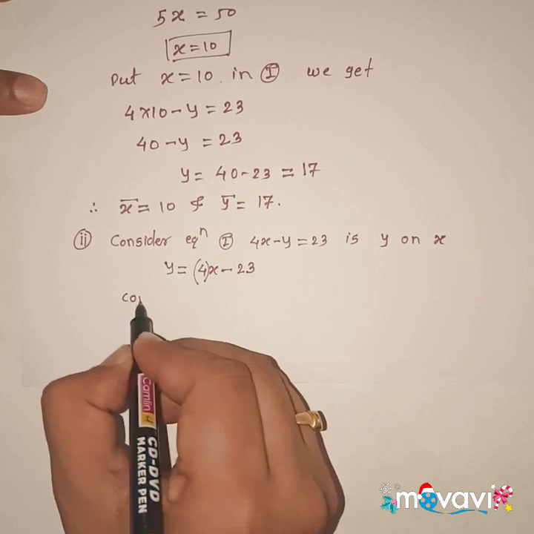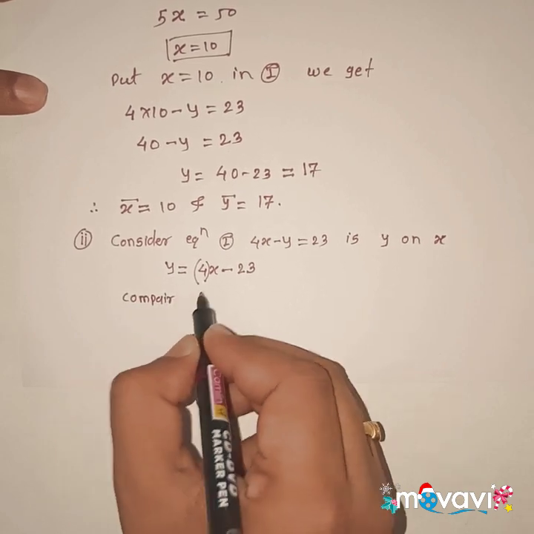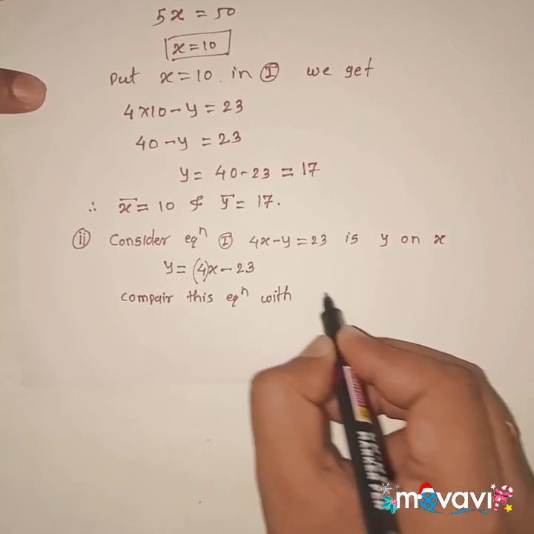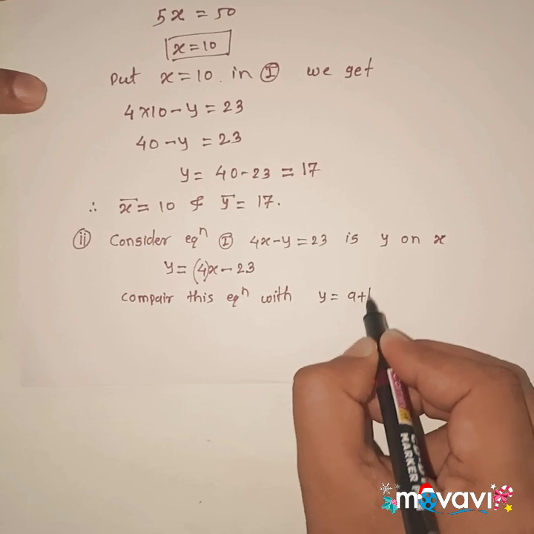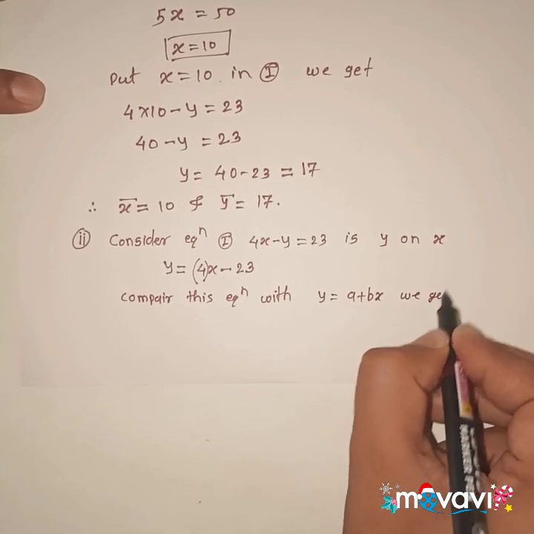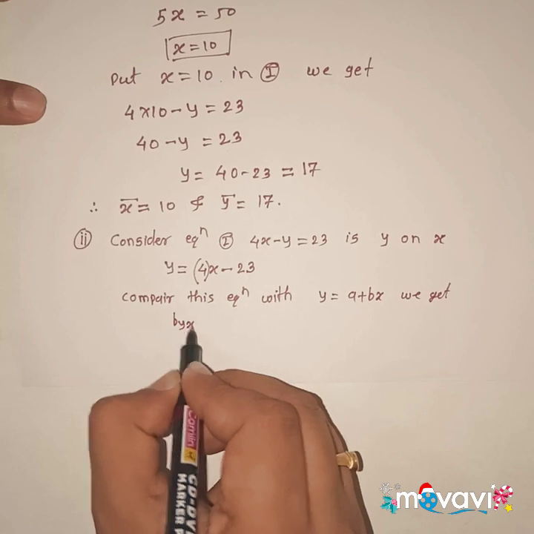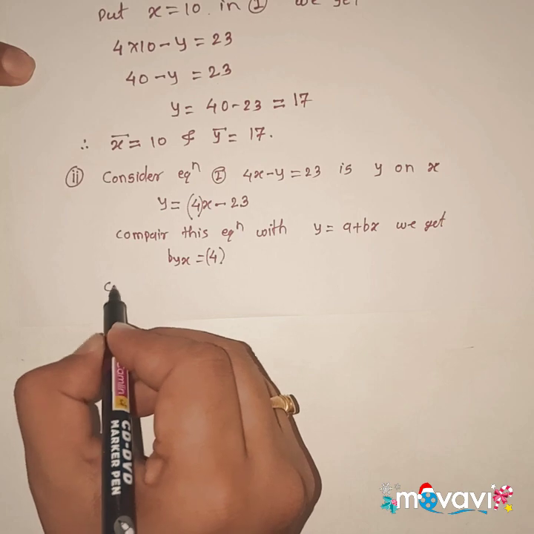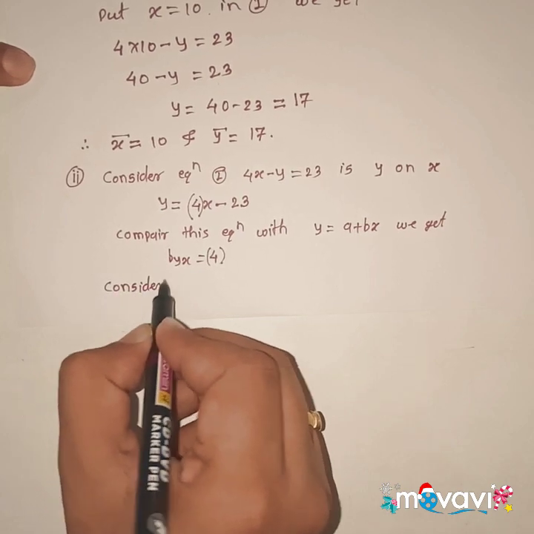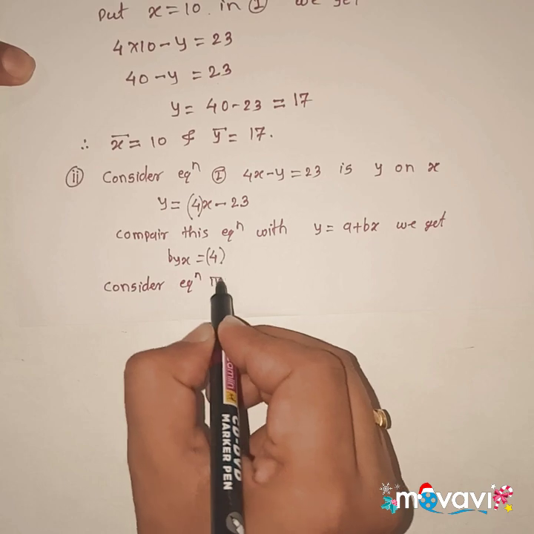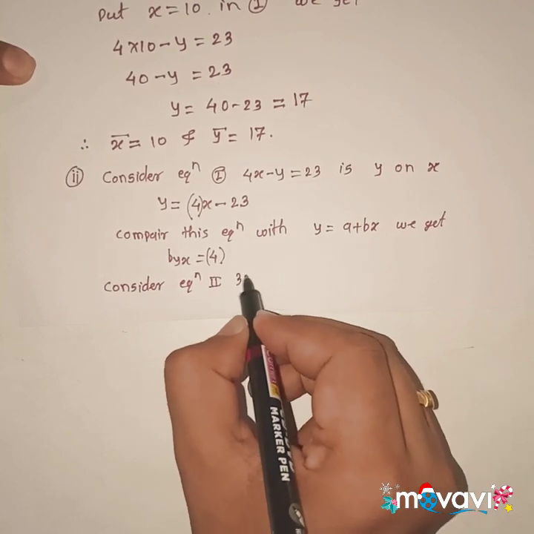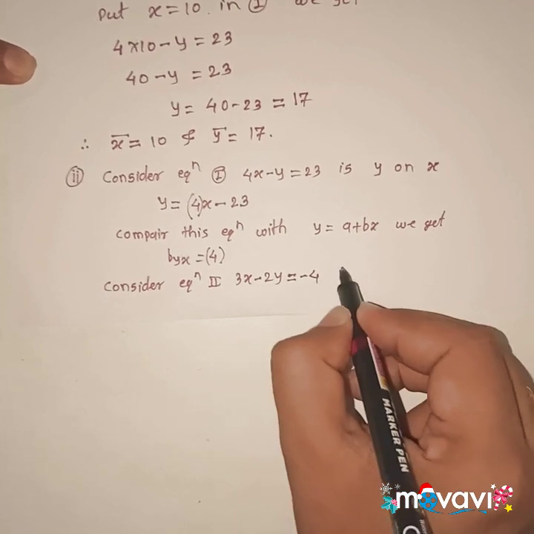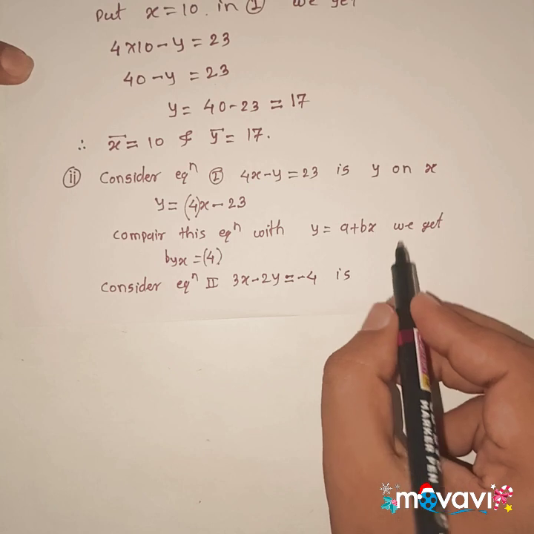Comparing this equation with y is equal to a plus bx, we get byx is 4. Then consider equation 2, which is 3x minus 2y is equal to minus 4, as the regression equation x on y.